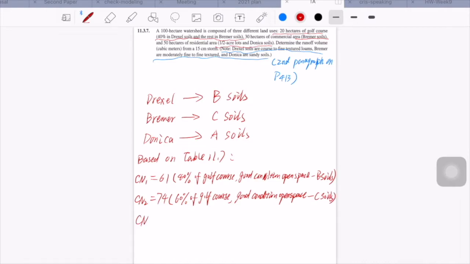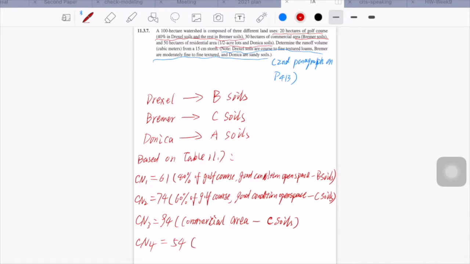And CN3 equals 94. This is for commercial area, type C soils, and CN4 equals 54.